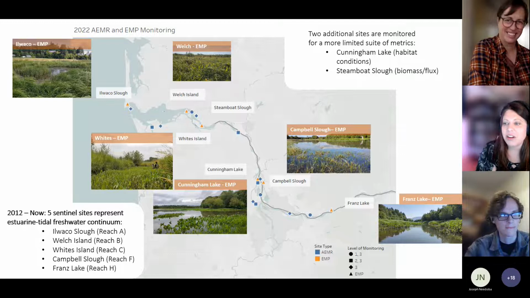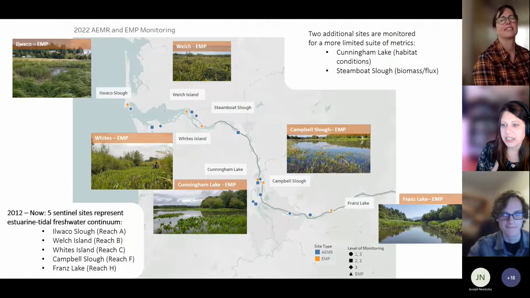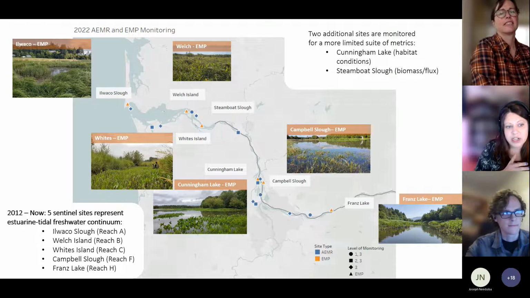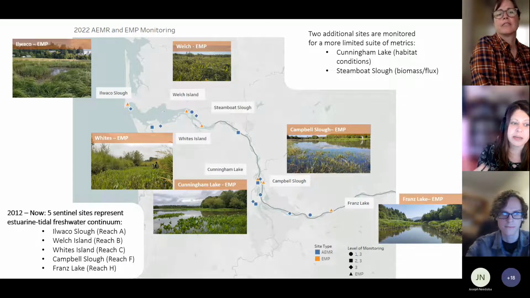And we have a lot of reference sites in Sauvie Island where Cunningham Lake, restoration sites in that area. So we use Cunningham Lake data for those restoration comparisons as well. So that's why we monitor Cunningham Lake and Campbell Slough in Reach F for habitat conditions. And an additional site that we consider part of the Ecosystem Monitoring Program is Steamboat Slough, which is a restoration site that is part of our long-term biomass detrital flux study.